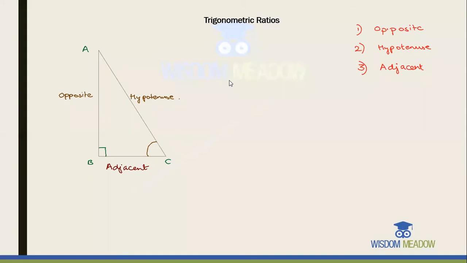Now, if you take the same right triangle ABC, right angled at B. This time, if you consider the acute angle A, the opposite side is going to be BC, the hypotenuse is the one opposite to the right angle, so that's going to be AC, and adjacent is the arm of the angle, acute angle, apart from the hypotenuse, that's AB.